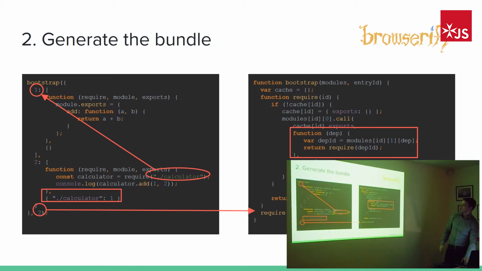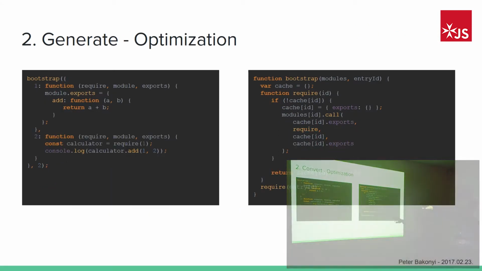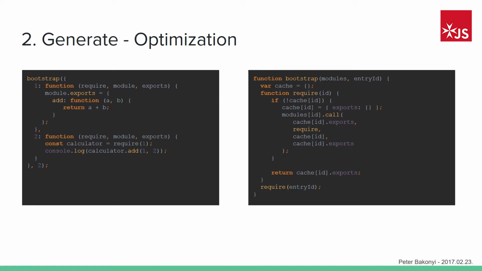And if we do that, we get this structure where for every module we just have the function without the extra dependency mapping, and here we can just pass require. And like that we have a little bit smaller bundle size, and it's also faster to execute. And this is actually how Webpack generates the bundle.